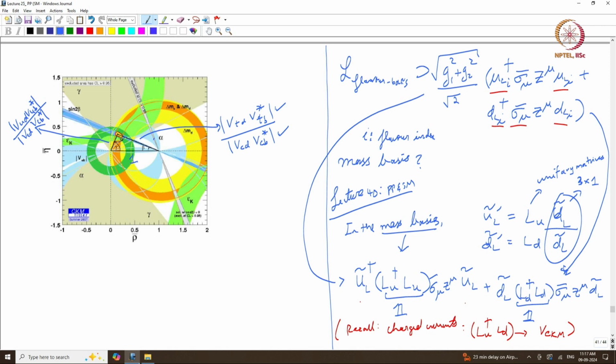If you can only measure the magnitude, then at best, since I do not know what the angle is, I can say that on the eta bar versus rho bar plane, I can be on this circle, taking 1 comma 0 as a center. That is what they have drawn here.